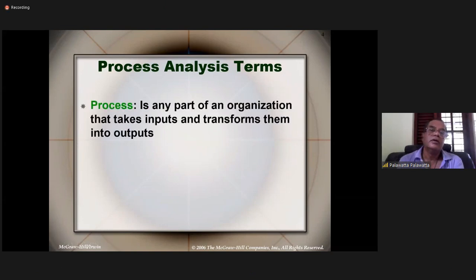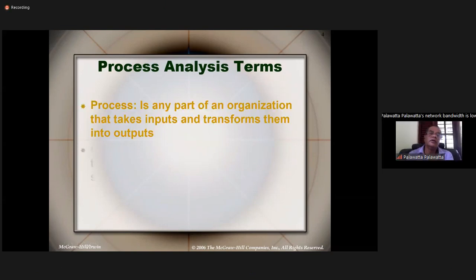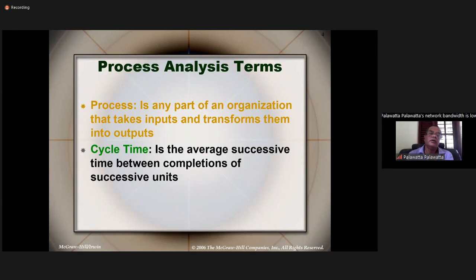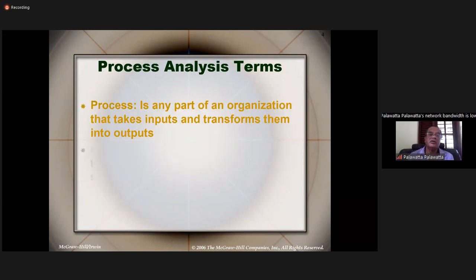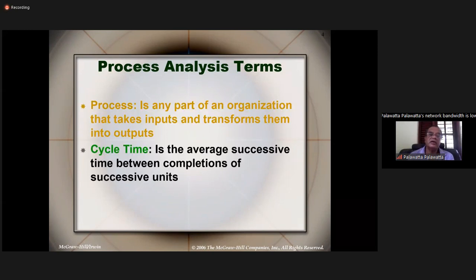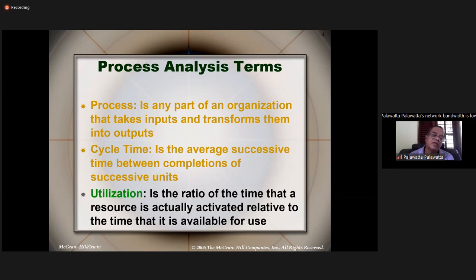Process analysis terms we are discussing: cycle time is the average successive time between completions of successive units, right? And utilization is the ratio of the time that a resource is actually activated relative to the time that is available for use.